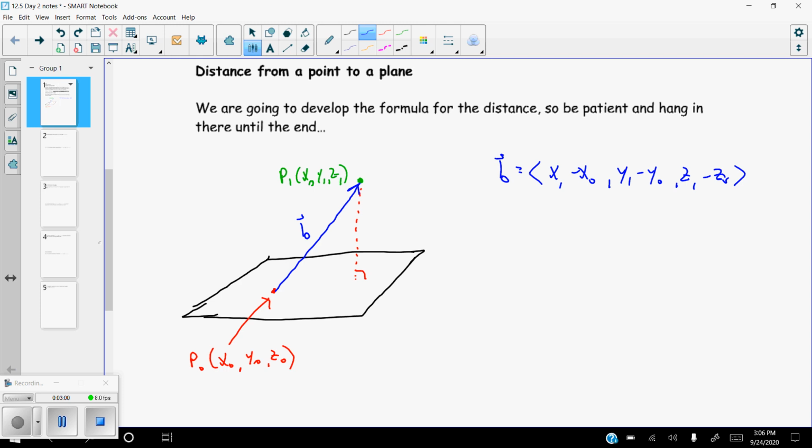That's vector B. Ultimately, what I'm really interested in here is this distance. We'll call that distance D. That's what we're trying to find.